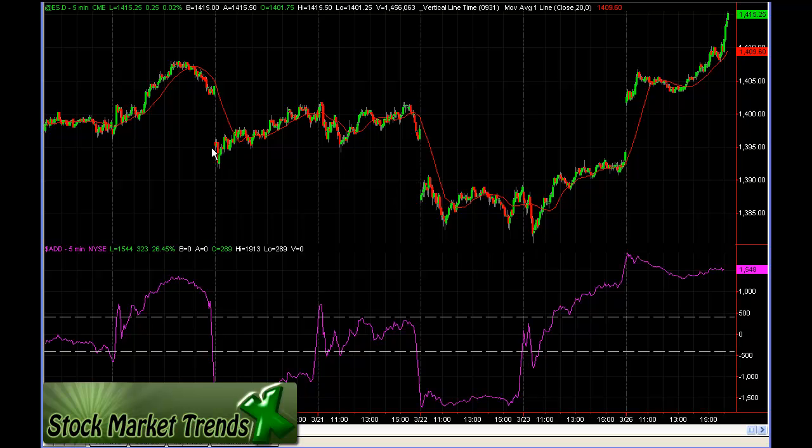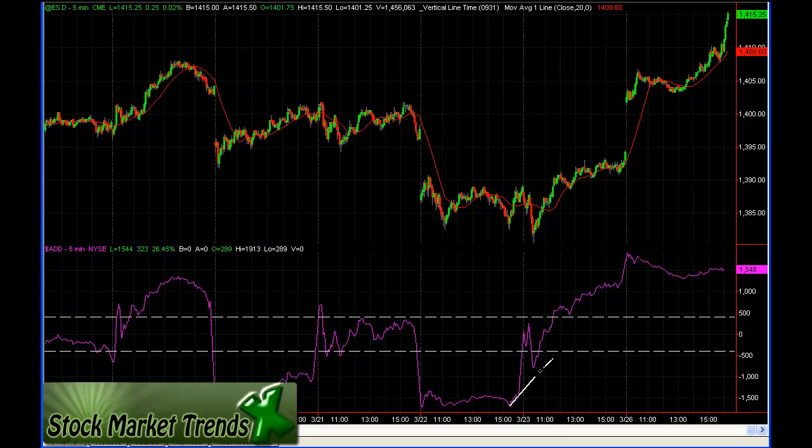Now, a couple of things to note about this chart. Here's an example where we gap down. The advanced decline line starts nasty, and as the market grinds higher, the advanced decline line is going with it, backing it up. Over here, notice how price goes lower, but the advanced decline line is not confirming this.